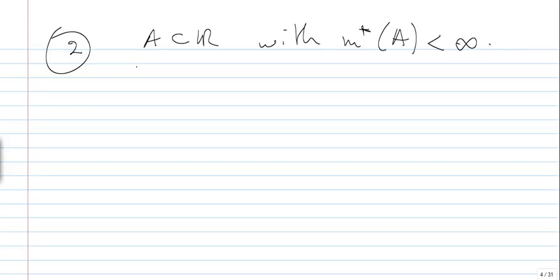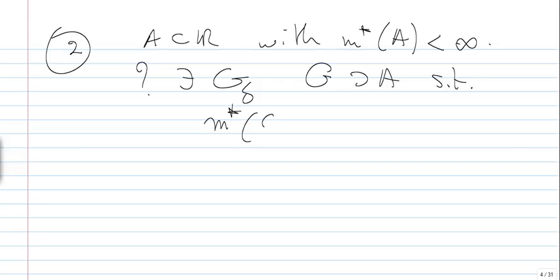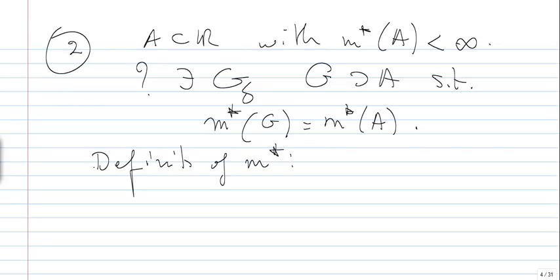So let us prove there exists a G delta, let's call it G, which contains A, such that the outer measure of G is equal to the outer measure of A. In order to do that, we go back to the definition of the outer measure.